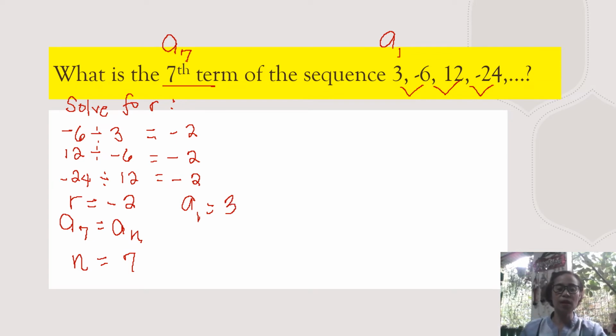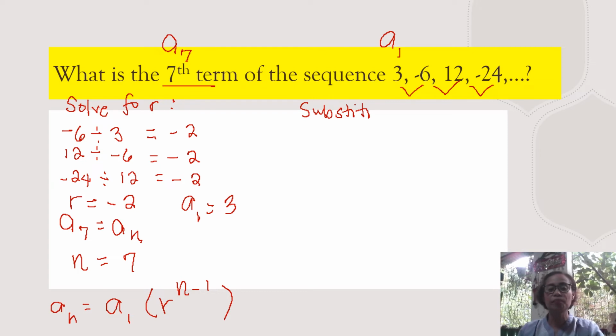Now, I'm going to write our guide, the formula here. a sub n is equal to the first term multiplied with the common ratio raised to the power of n minus 1. Let us now substitute using that formula, since we are already complete.